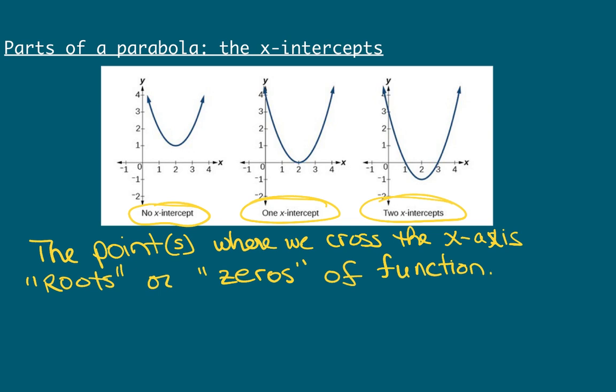You're going to get used to hearing it called several different things when we talk about the intercepts of a function. The number of x-intercepts varies depending on the location of the graph. When y is equal to 0, then we can find the values of our x-intercepts.